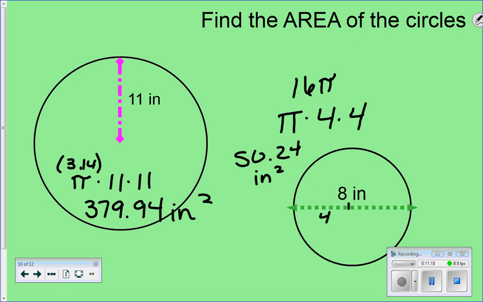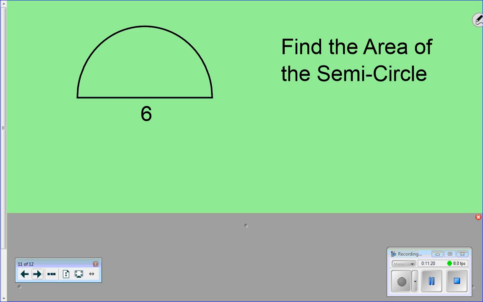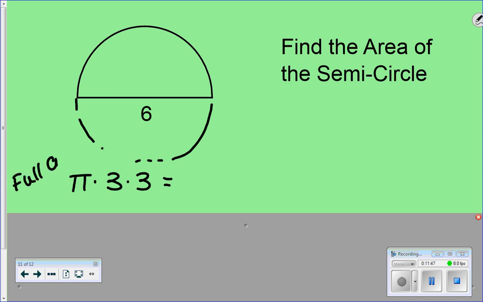Good? Okay, so here's another type of circle you might see. Oh, that's not really a circle. That's a semicircle. It's half a circle. So here's the deal. Pretend this is a full circle. Find the area of it. So, what's my radius? 3. This is pi times 3 times 3. But this is going to give me the full circle.